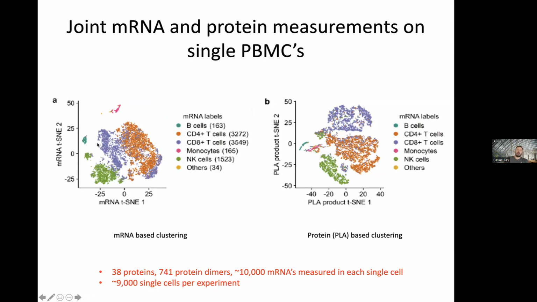And these, using TSNE or UMAP, can be fairly accurately clustered, both using mRNA labels and protein labels. In this particular published data set, we have 38 proteins, 741 protein complexes, and 10,000 mRNA measured from each cell. And about 9,000 cells have been measured. So this is a massive multidimensional multi-omic data set that enables us to dig deep into the functioning of these cells.